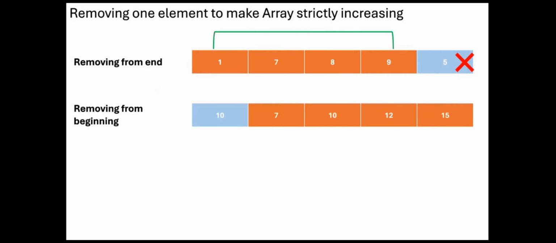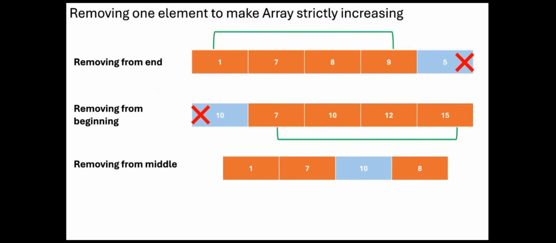For example, in this input array, 1, 7, 8, 9, 5, if we remove the 5 from the end, the rest of the array becomes strictly increasing. And based on the next input, if we remove from the beginning, then the rest of the array becomes strictly increasing: 7, 10, 12, 15.